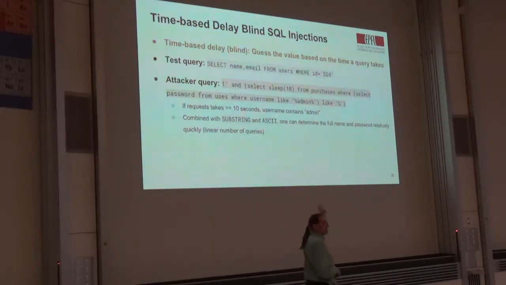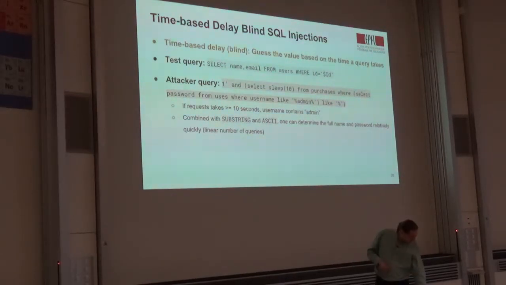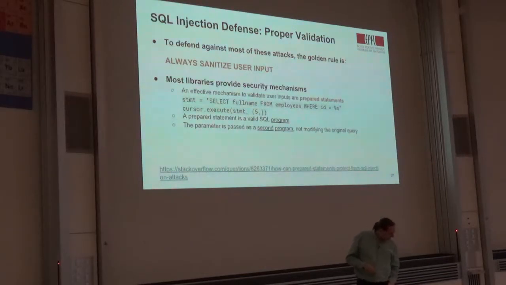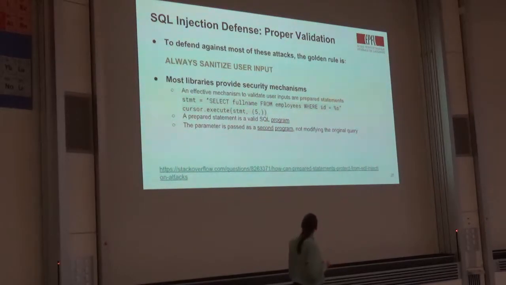Significantly, noticeably longer in the yes case than the no case, and then the attacker can use timing as a side channel. So anyway, that's a collection of different ways that many injection attacks can be used.